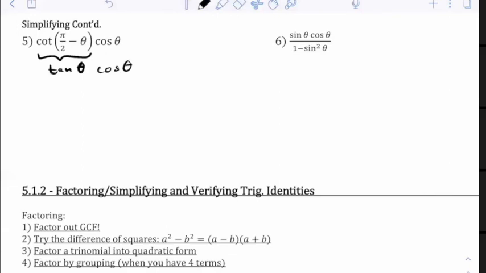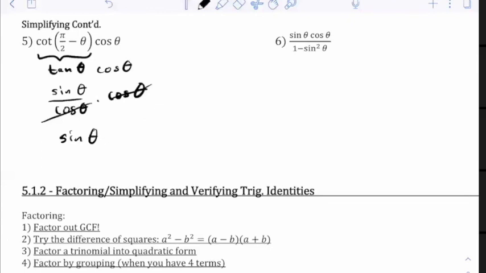Now we're asking ourselves, how can I simplify this any more? What can I divide out here? Well, tangent of theta is sine of theta over cosine theta times cosine theta. And voila, that allows us to reduce this down to sine theta. Okay.